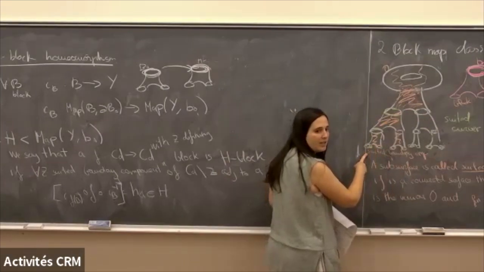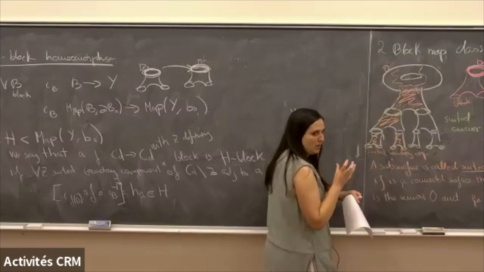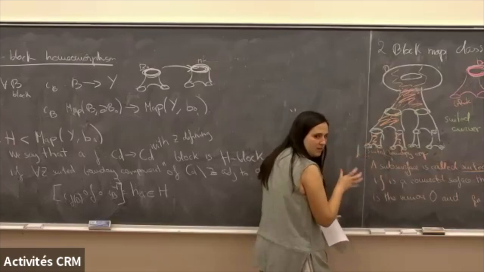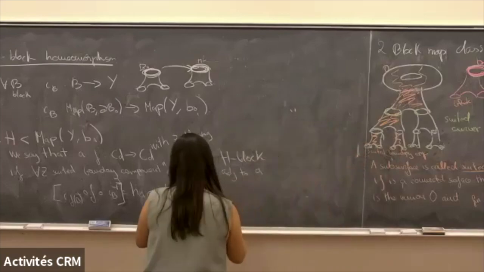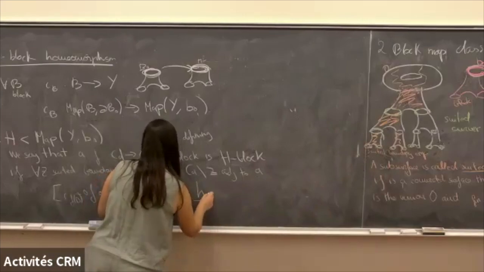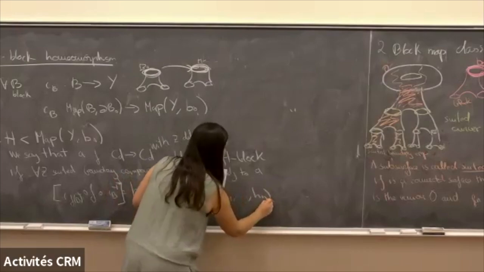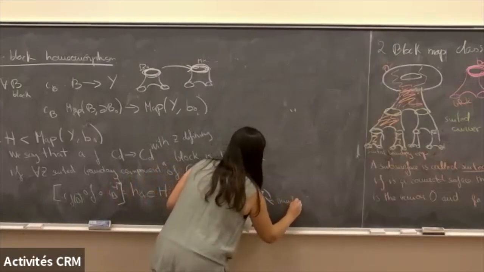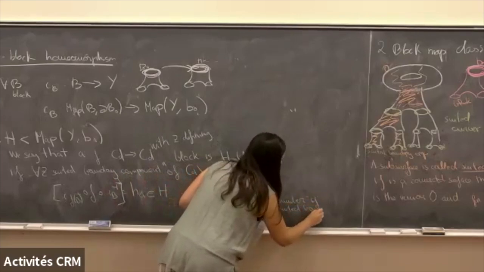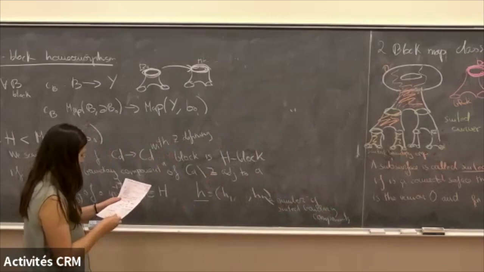But now we don't have just permutations, we have mapping class groups. So you can add it, but you have to do what H says. We also have a set of labels that we call H1 to Hn, with n the number of suited boundary components. It's really the same, you are just expanding the thing to mapping class groups.